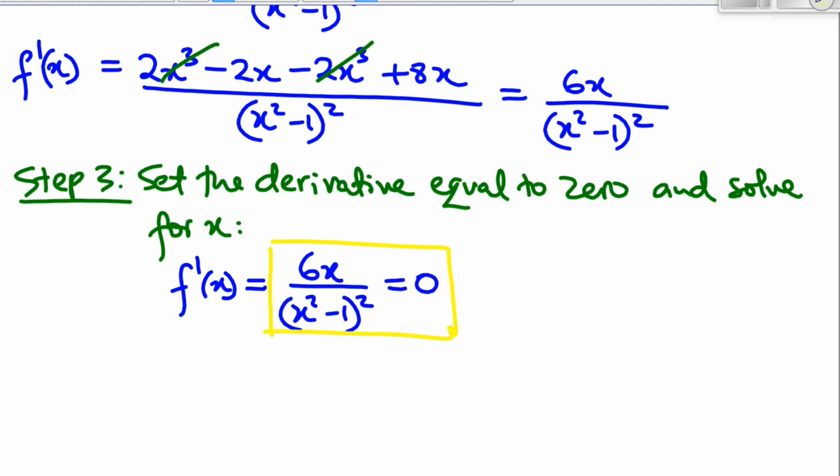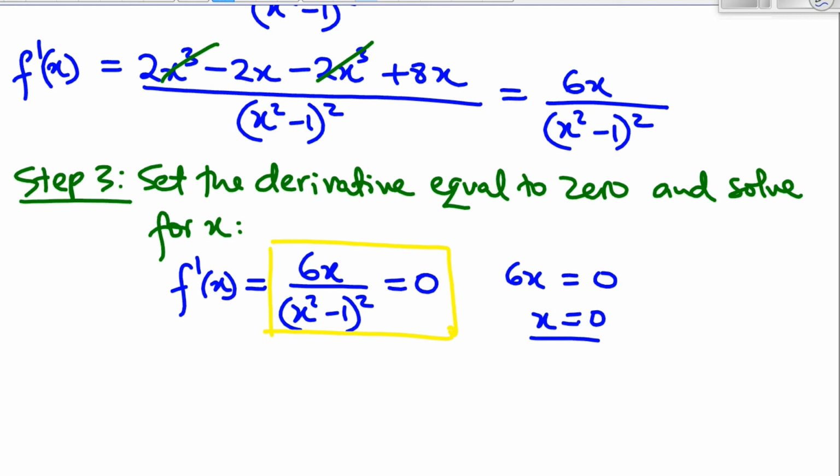Okay, now obviously if you solve for x here, you'll end up with 6x is equals to 0, because x squared minus 1 squared multiplied by 0 will just be 0, which means x will be equal to 0.